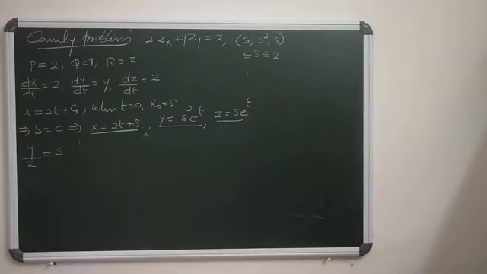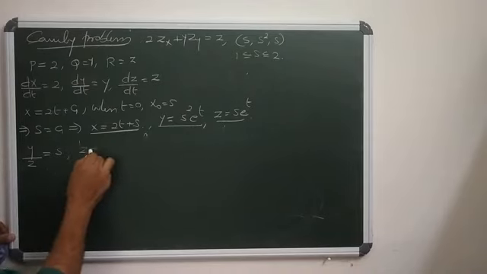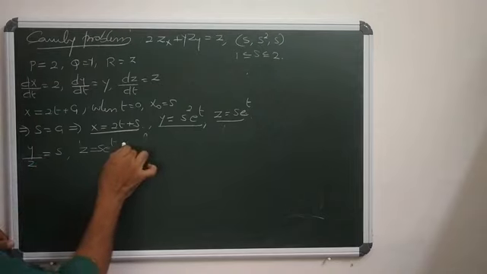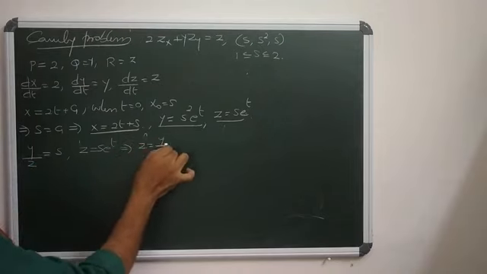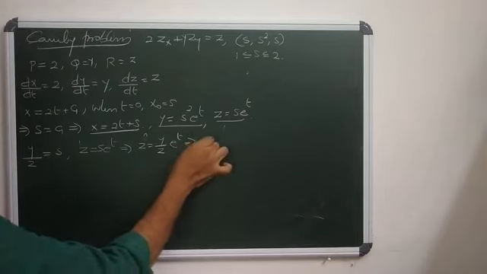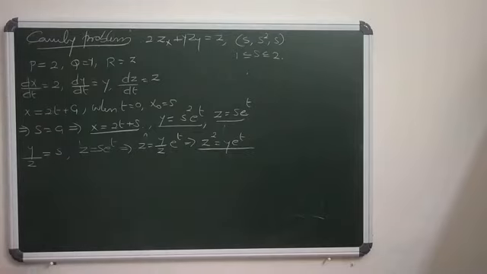Moreover, z equals s into e power t, but s is y by z, so z equals y by z into e power t. That means z square equals y into e power t.